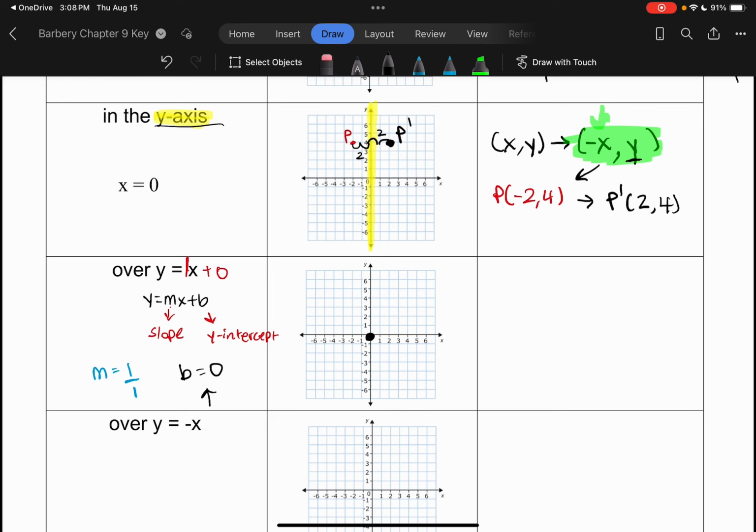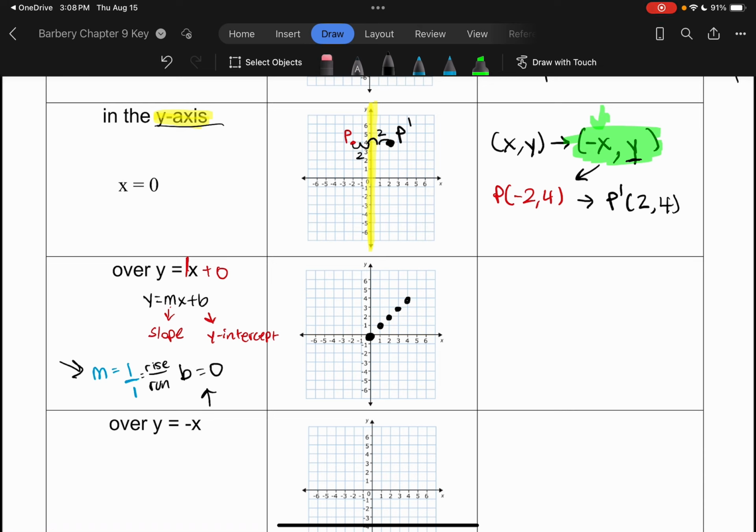Now we're going to use the slope, m, and this tells us that we're going to rise 1 and run 1. So I'm going to go up 1 over 1. There is my next point. Up 1 over 1 again, and again. So that's plenty of points.